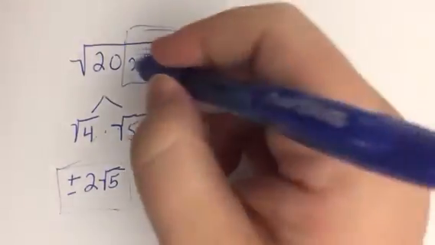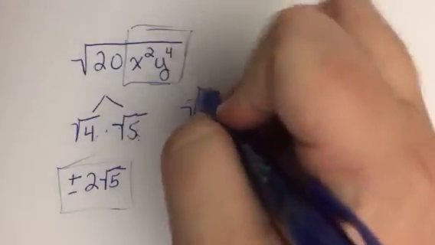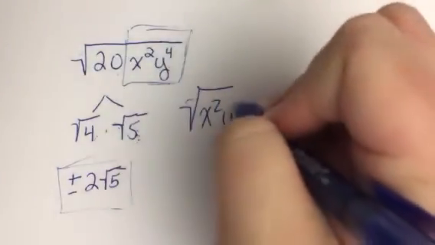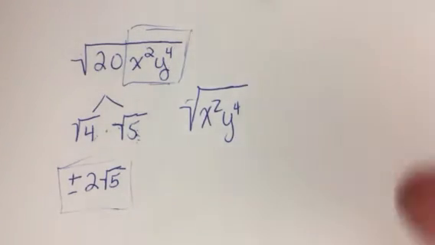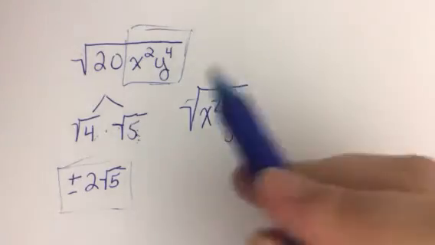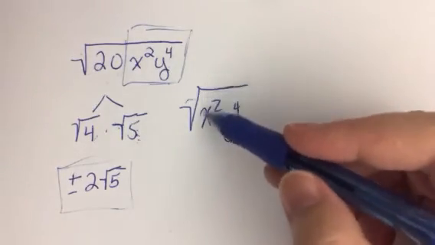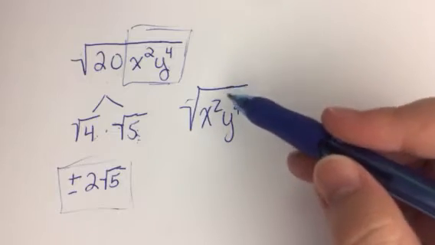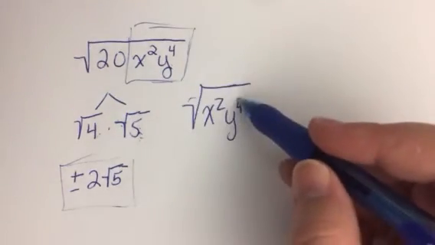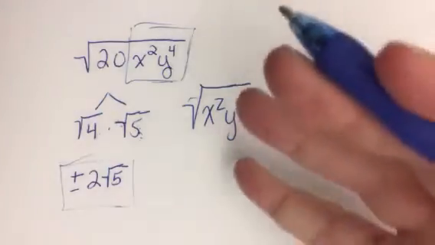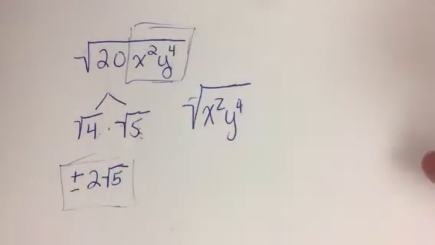Okay, now let's set this off to the side and deal with our variables. We have the square root of x squared y to the 4th. I find it easiest, and it's a personal preference, when I'm dealing with variables and their exponents, to remember that taking the square root of something is the same thing as raising it to the 1/2 power.